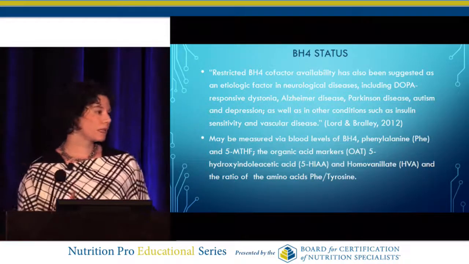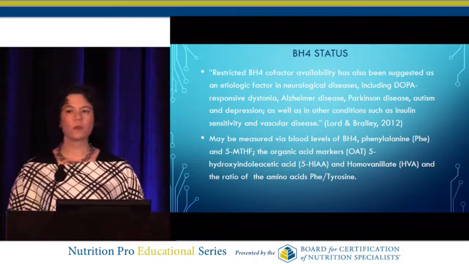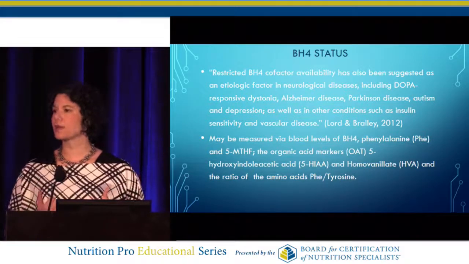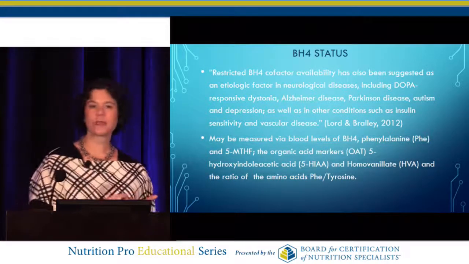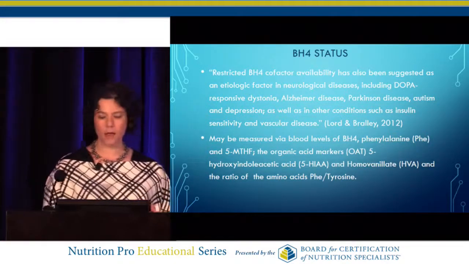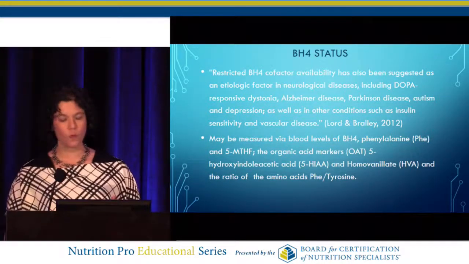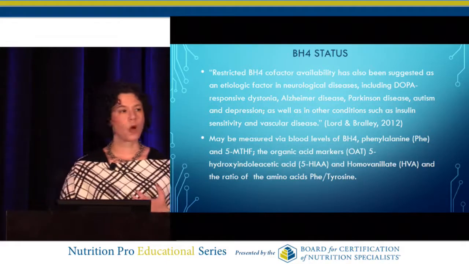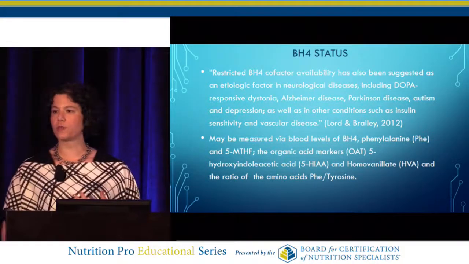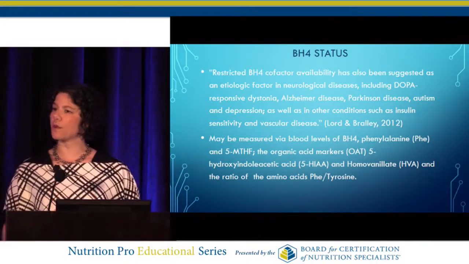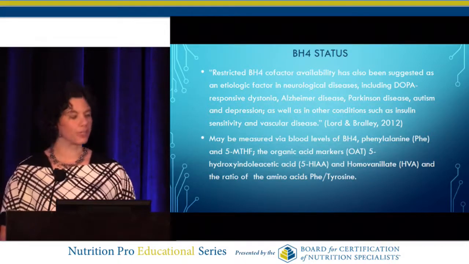So it's important clinically that we actually look at the biochemistry in our practice. So things like measuring BH4 levels in the blood, or looking at the phenylalanine to tyrosine ratio. Organic acid markers are absolutely integral if you wanted to really understand what's going on neurotransmitter-wise in a particular patient.